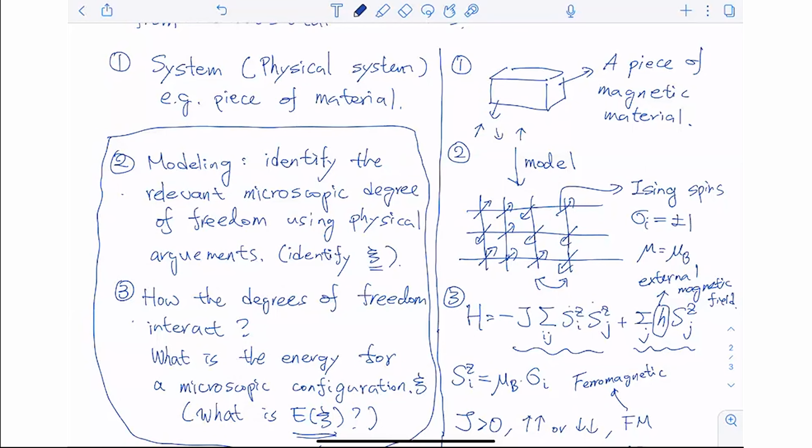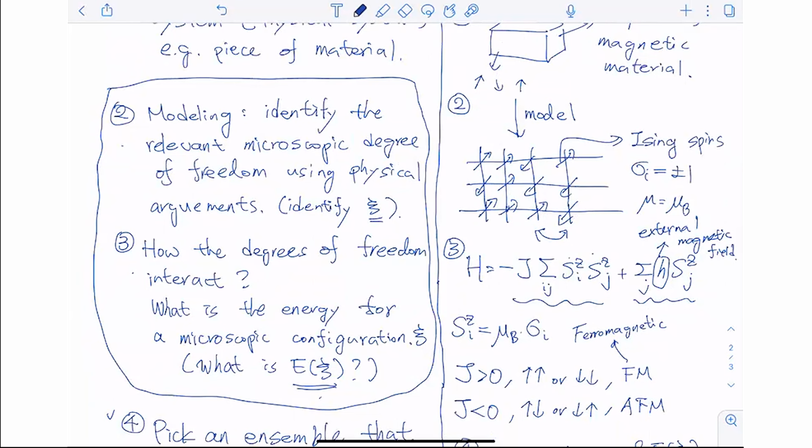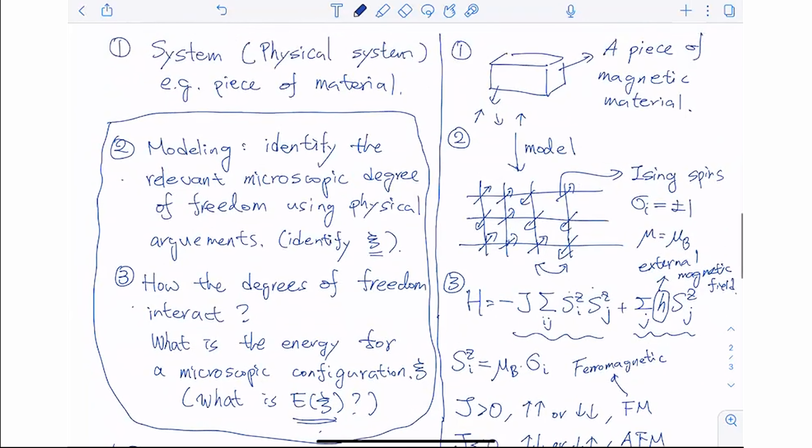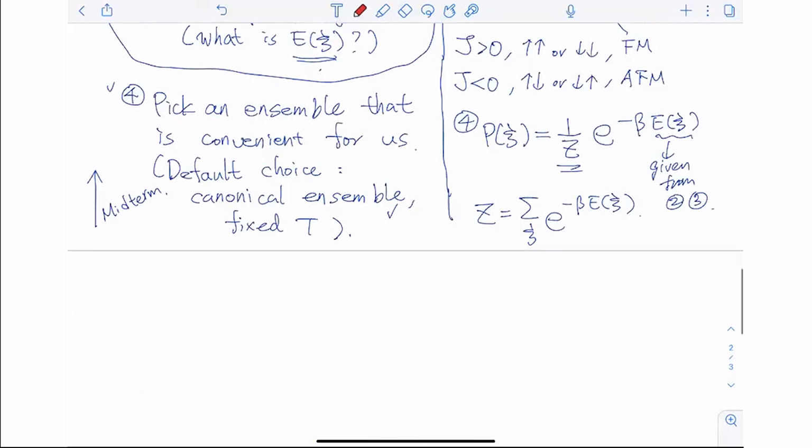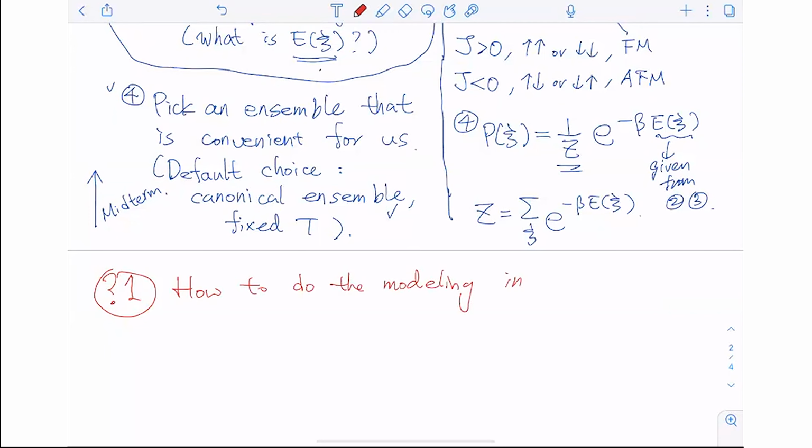Okay, so if not, I'm going to pose some questions here. The first question is actually about this modeling. It's question number 1. How to do the modeling in a real system.